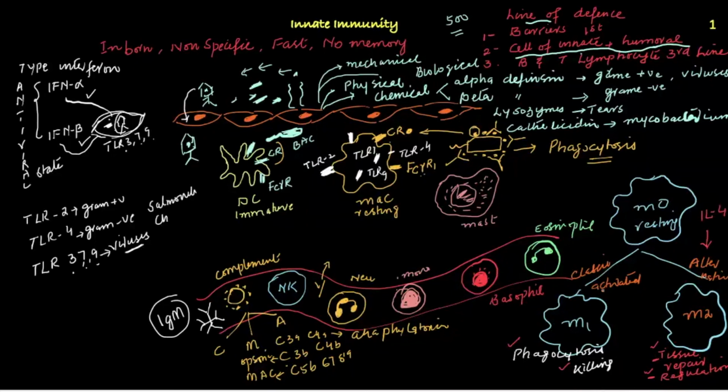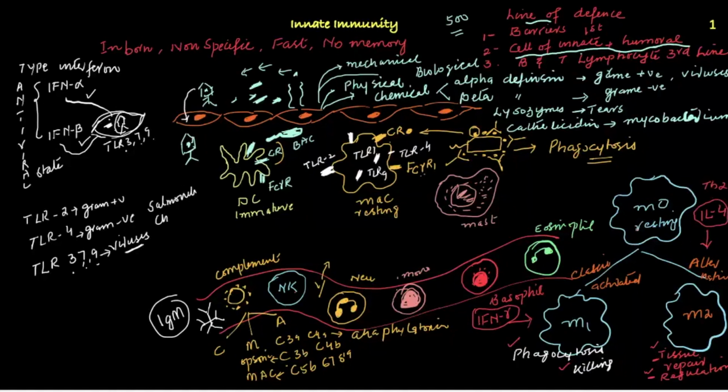Whereas the classical activation, M1, reaches its maximum activity with the help of interferon gamma. These are produced by a lot of cells, for example, NK cells can produce interferon gamma, T lymphocytes can produce interferon gamma, and IL-4 is produced mainly by Th2 cells.